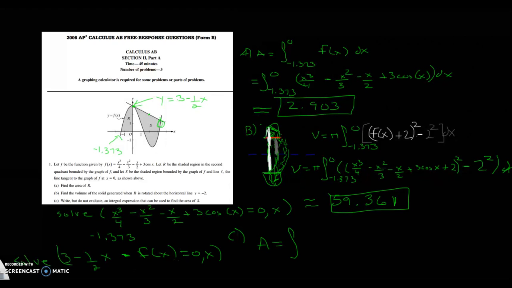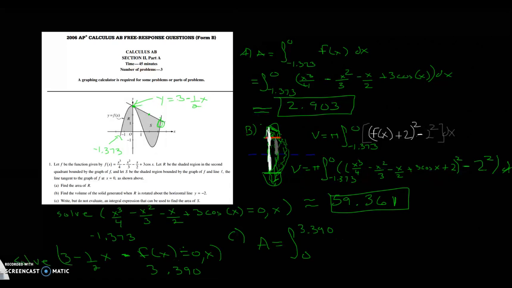After you solve, you're going to get 3.390. So that's going to be our upper bound, 3.390, and the lower bound would be 0.